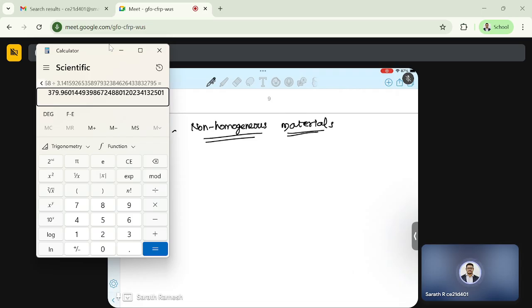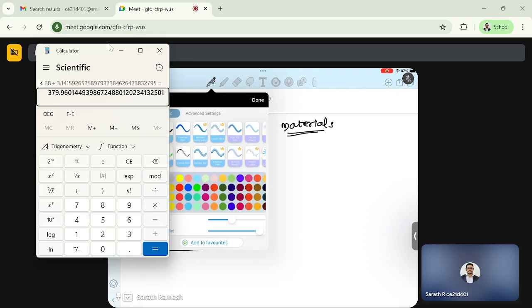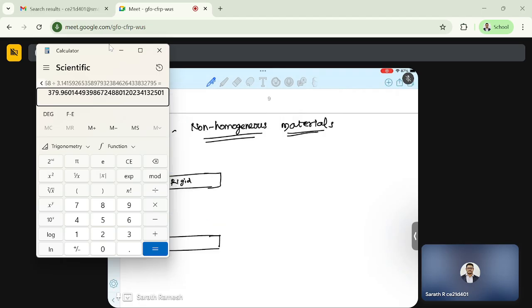Given in the question is a rigid bar, say a rigid plate. Here also there is a rigid plate. In between these two rigid plates, there is a steel pipe with diameter 10 mm.